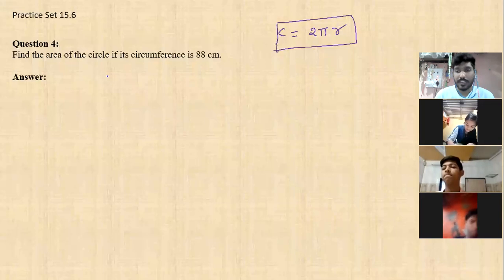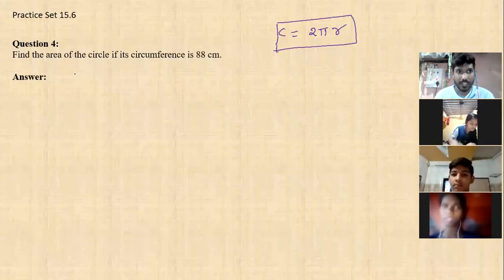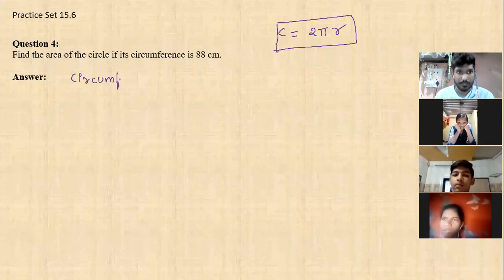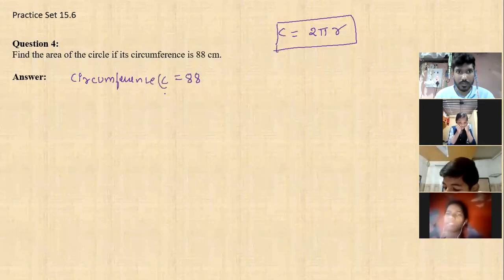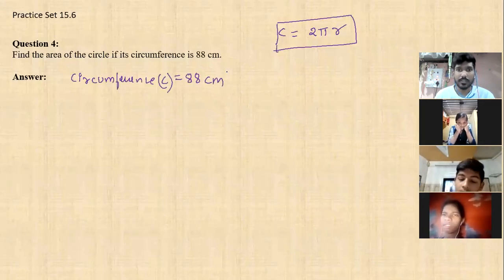They have asked us to find the area when the circumference, denoted by C, is 88 centimeters. We have to find out the area.